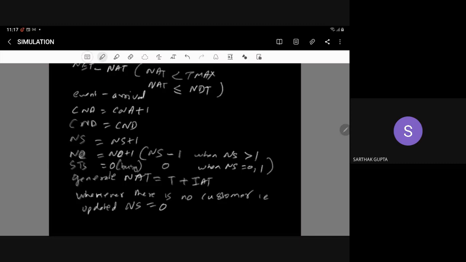Whenever there is no customer in the system, at that time also you have to generate the arrival. Means whenever NS is equal to 0, at that time also you have to generate when the next customer will arrive in the system.